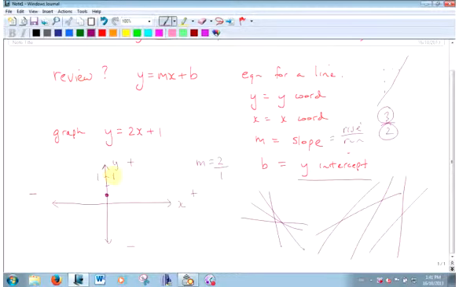This thing's positive, so I want to put my point there. 2 up, 1 unit of run, there's my line. Is that positive slope? Yeah, it's tilting to the right.